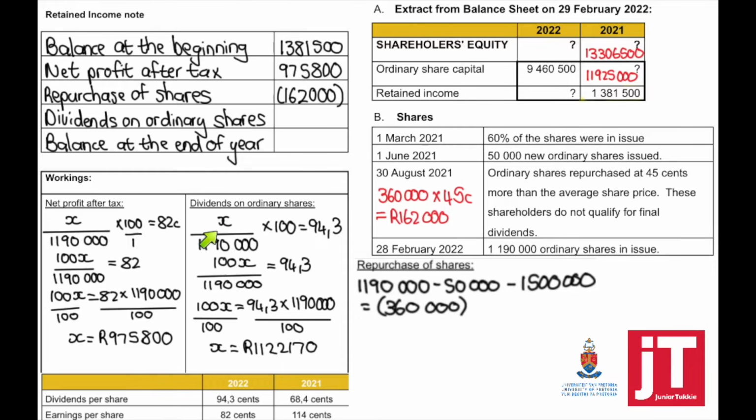So again, I want to solve X. To solve X, we need to get X alone. So we take 94,3 and we need to times it by 1,190,000 divided by 100, and this will provide us with the dividends on ordinary shares. Once we've got the dividends on ordinary shares, we can calculate our balance at the end of the accounting period.